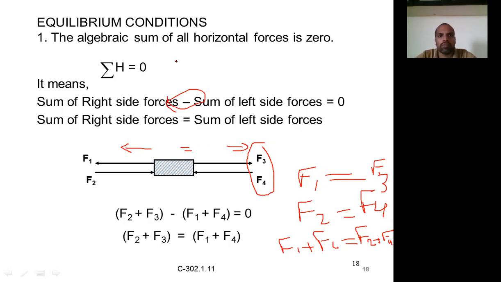Then the body is in equilibrium condition. The sums in both directions shall be the same. If the total force in one direction is 10 kilonewtons, here also it will be 10 kilonewtons. Then the body is said to be in equilibrium.